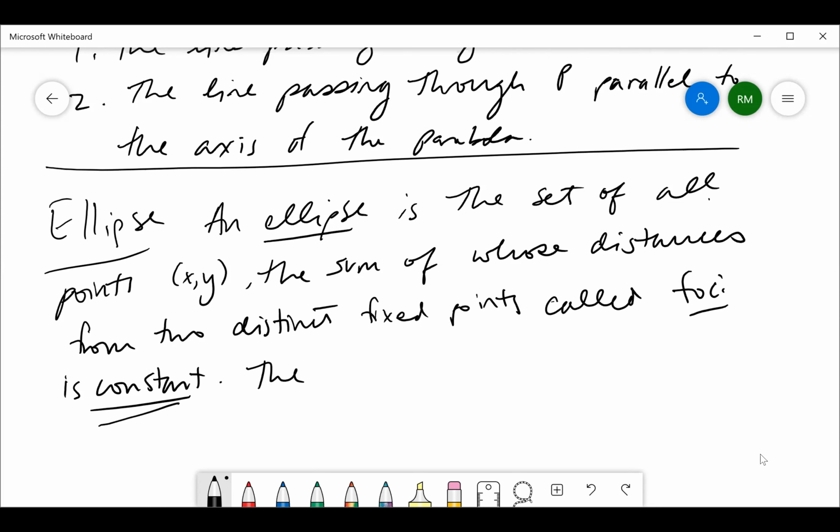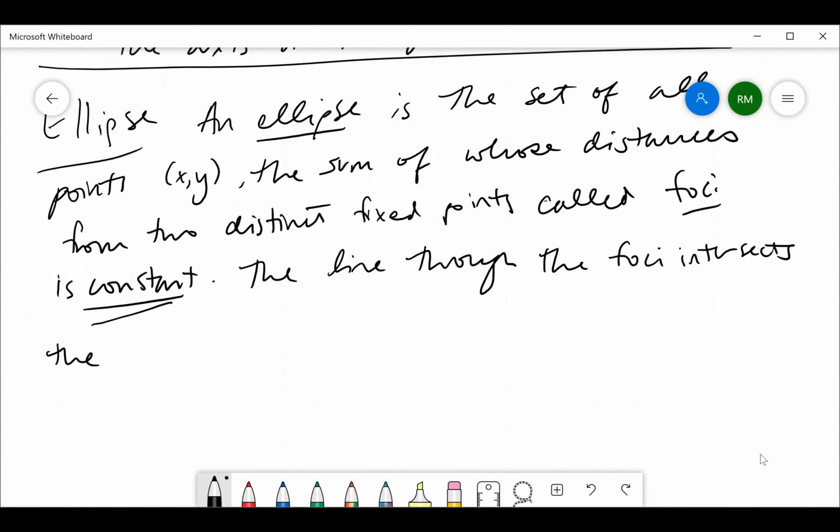Let's see. The line through the foci intersects the ellipse at 2 points, which we call the vertices.